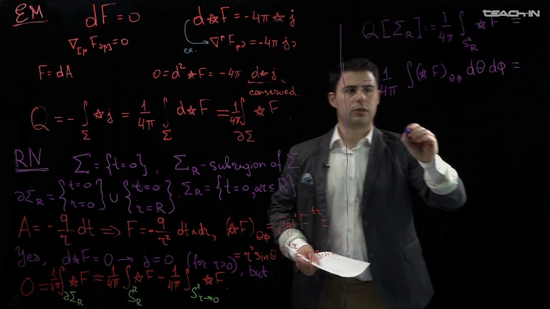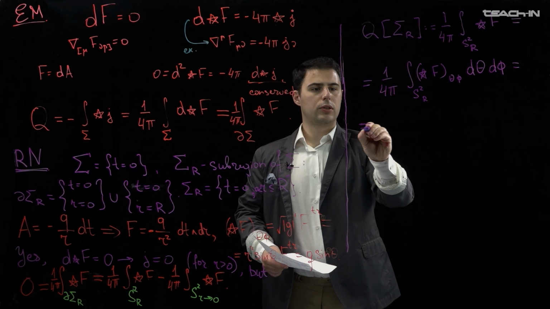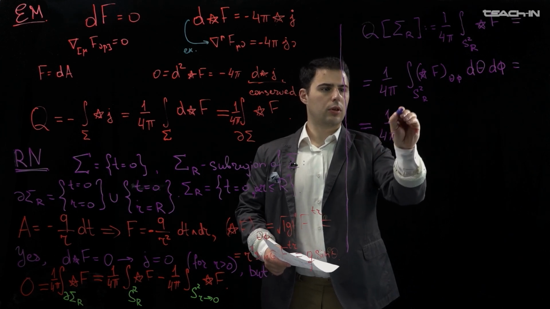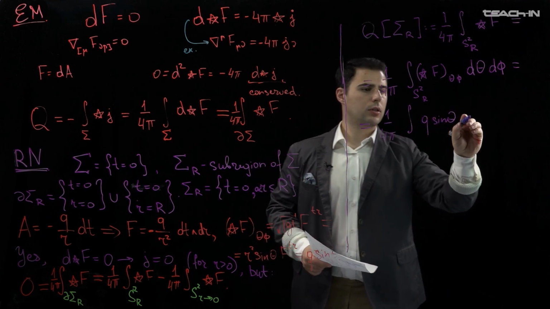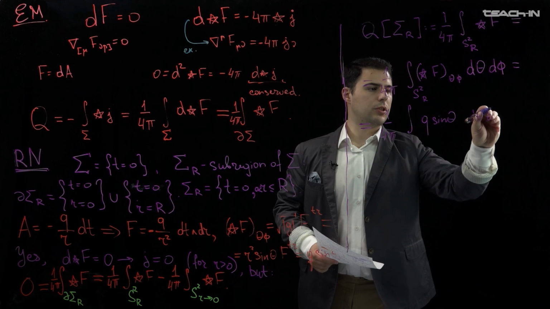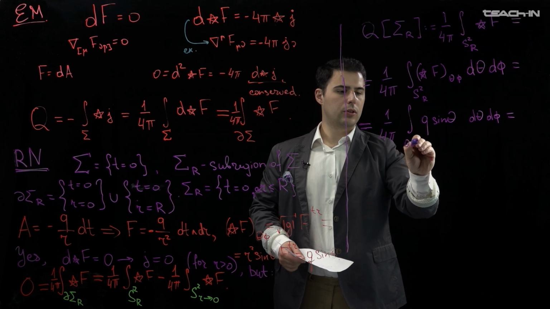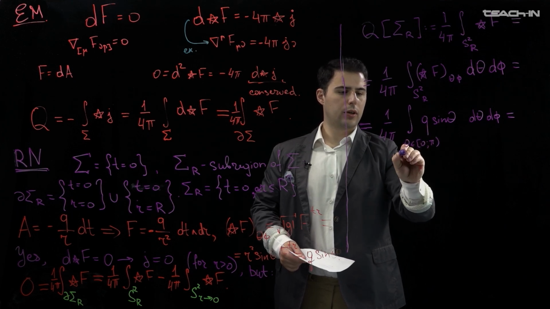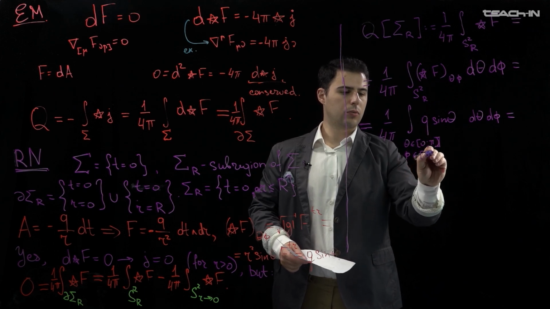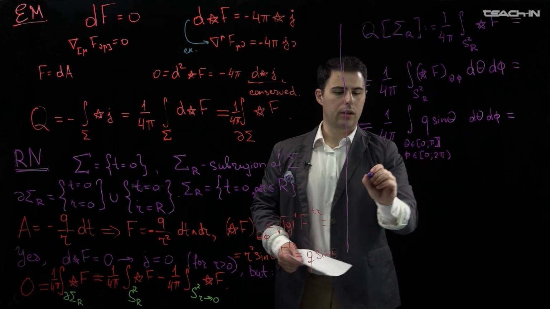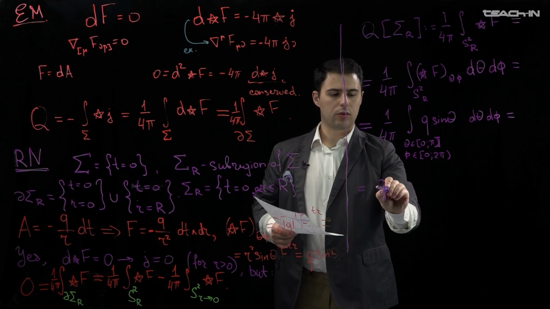So this is the integral over the 2-sphere, and this is the same as 1 over 4 pi integral of q sine theta d theta d phi, where theta goes from 0 to pi, and phi goes from 0 to 2 pi, and we therefore have that this is the same as q.